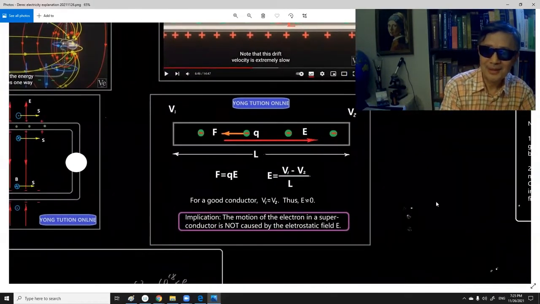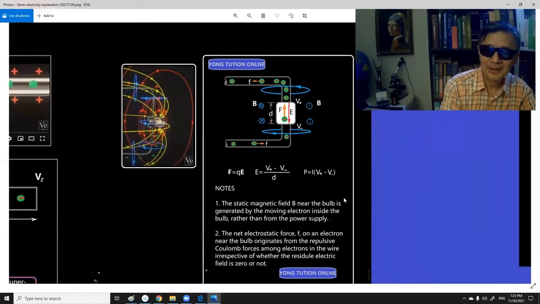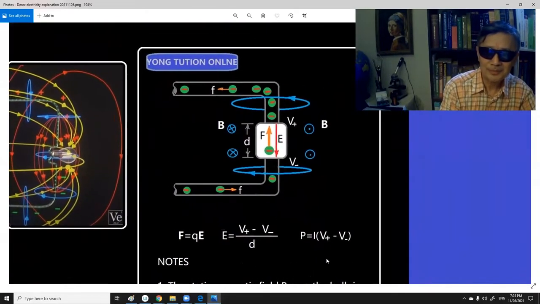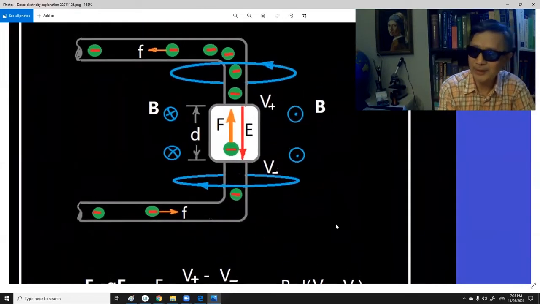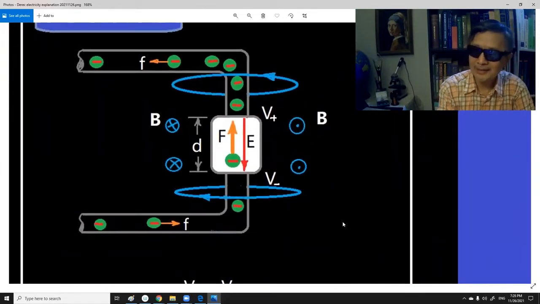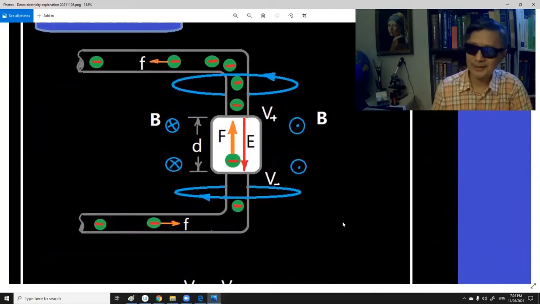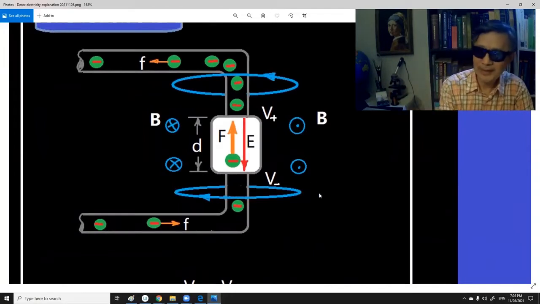Now, let's go to this diagram I used. This is my diagram to redraw what's going on at the electrical bulb in this case. What happens is that electrons inside that resistor, the equivalent resistor of the electrical bulb, are actually accelerated by the electrical field.